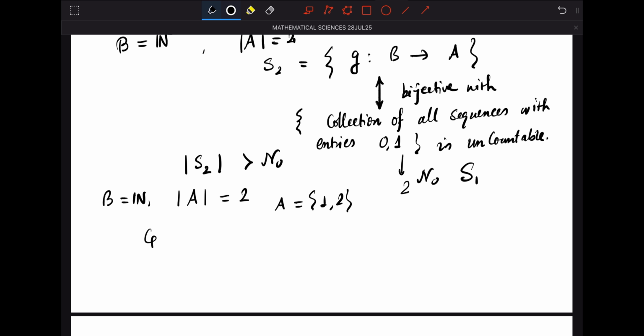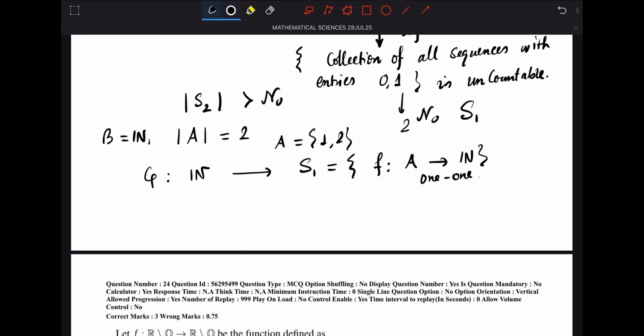Let us define a map phi from N to S1, the collection of all injective functions from A to N, defined by phi of n equal to f, where we define f of 1 is n and f of 2 is n plus 1.